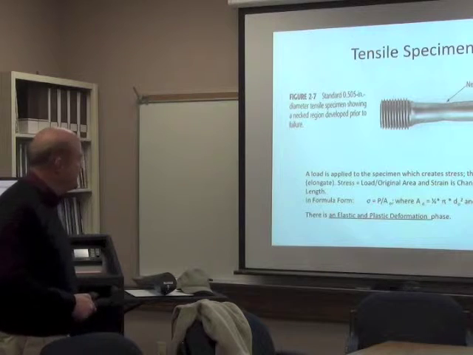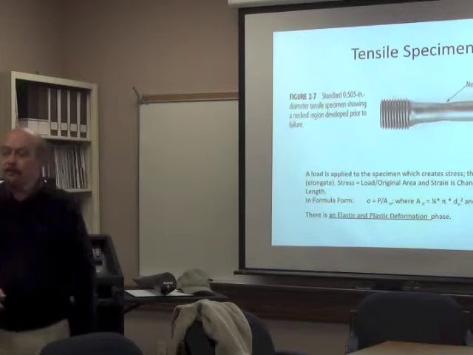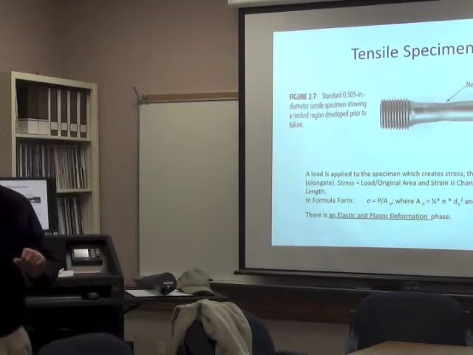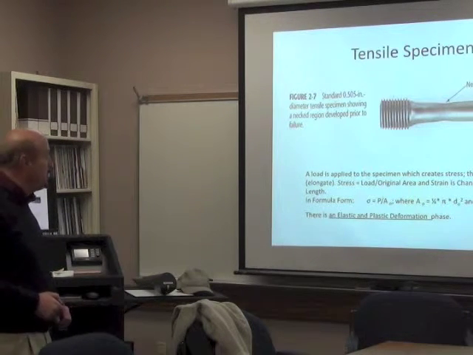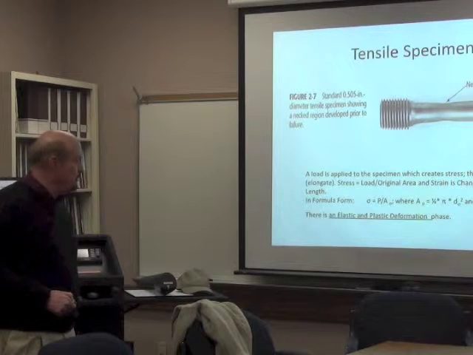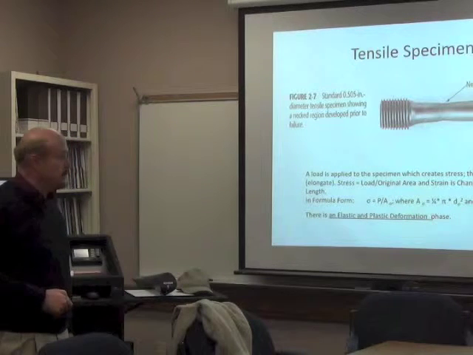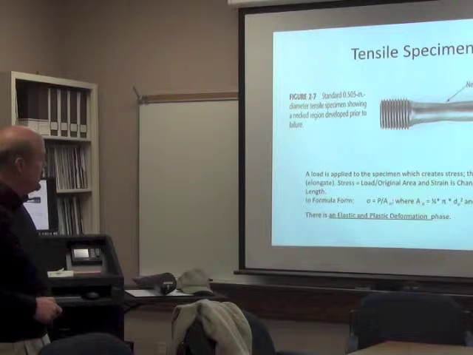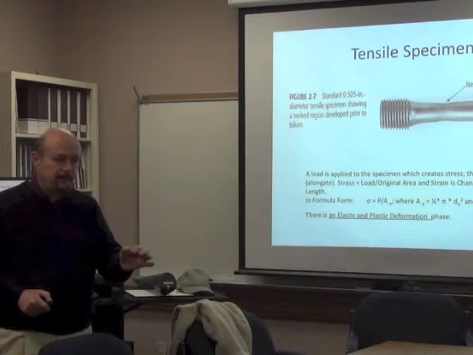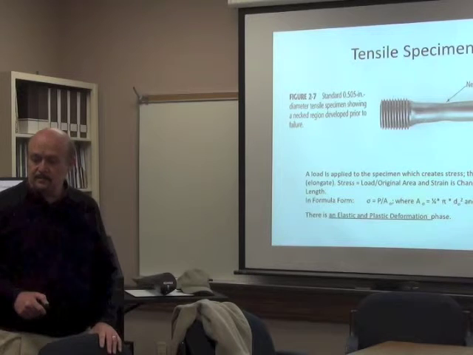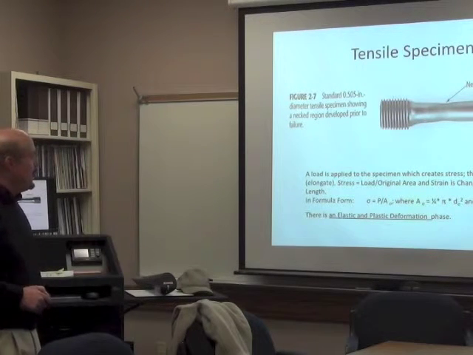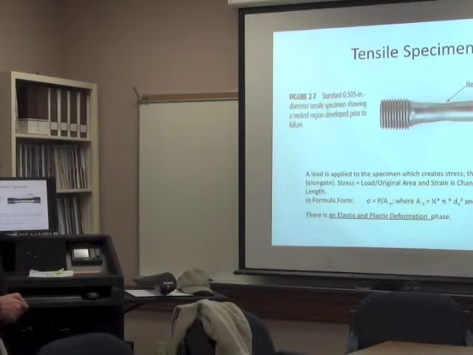They call that the engineering stress, which is really incorrect if you think about it, because that area is getting smaller and smaller. But to simplify things, we use engineering stress. There's another quantity called true stress, where you have to divide by the instantaneous area. You constantly have to keep track of the diameter, and that's a more time-consuming process, so we don't use that. Also, the material is getting longer and longer.